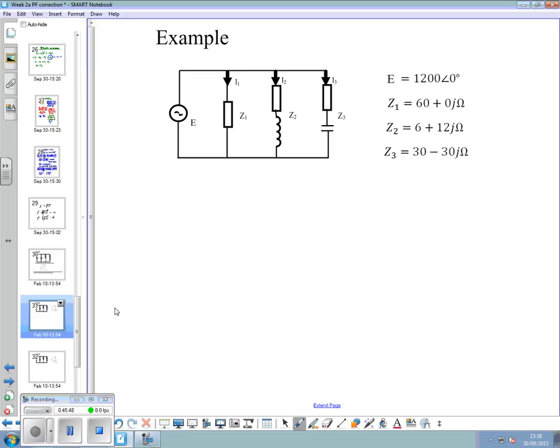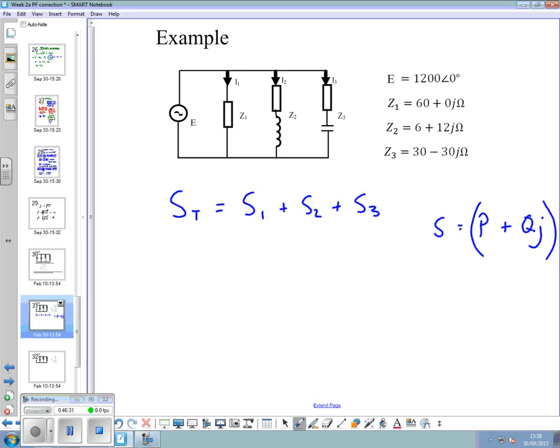We're looking to find, ultimately in the end, ST. We also want to find S1, S2, and S3, the apparent powers of each of those three impedances. And if we find S, it can be in this form, P plus QJ, couldn't it?